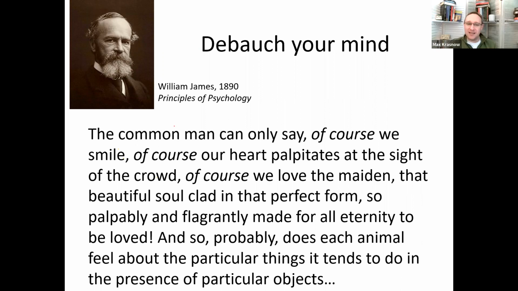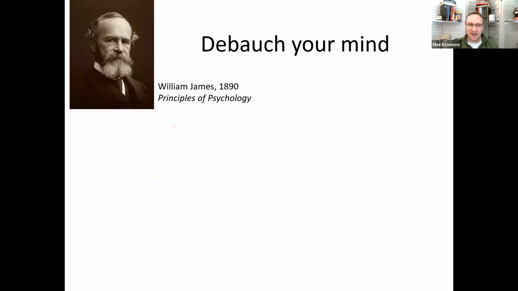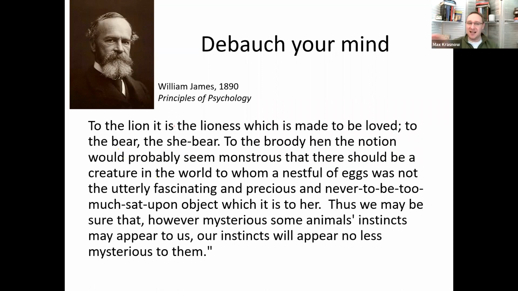And so probably does each animal feel about the particular things it tends to do in the presence of particular objects, right? To the lion, it's the lioness, which is made to be loved. To the bear, the she-bear. To the broody hen, broody means just had eggs, the notion would probably seem monstrous that there should be a creature in the world to whom a nest full of eggs was not the utterly fascinating and precious and never to be too much sat upon object, which it is to her.